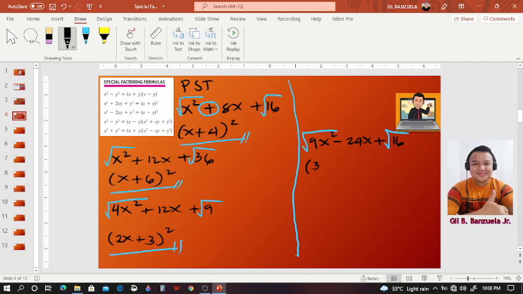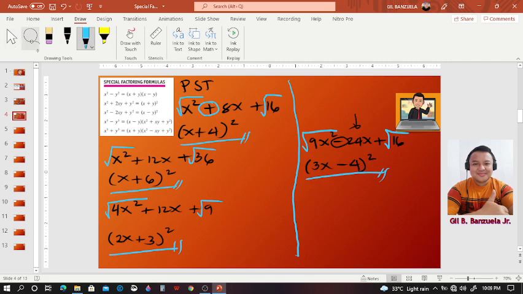The square root of x squared is x. Of course, we simply copy the sign at the middle, which is minus. And the square root of 16 is 4. And please do the checking. So in checking, we have to get the middle term. So yun lang yung chine-check natin, guys, yung middle term, if it is correct. So just like what I did a while ago. Okay? Ayan.